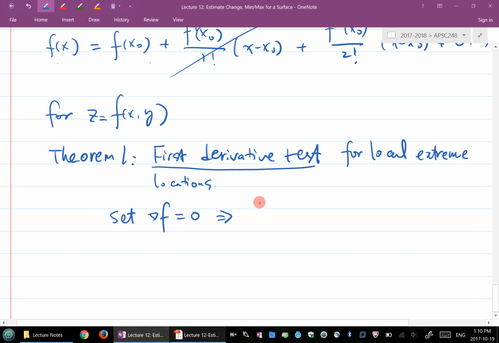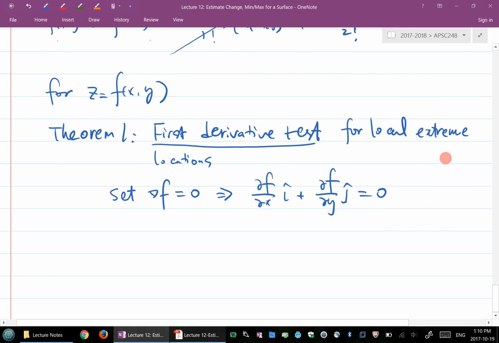Let's say I'm talking about a function of two variables, so I'll just use that to illustrate. Basically you set this vector to be 0, and this vector to be 0, which is equivalent to saying fx equals 0 and fy equals 0.